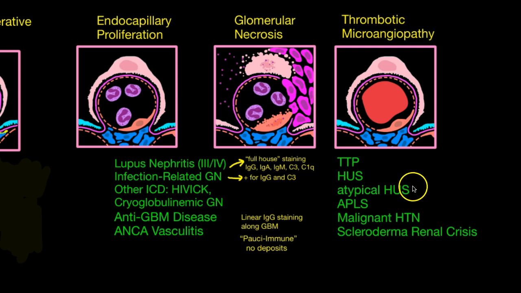There's also an atypical hemolytic uremic syndrome where it occurs sporadically or in response to some other insult, but it's actually because the patient has some problem regulating the alternative complement pathway. And then there's also antiphospholipid antibody syndrome. Remember, these patients have a tendency for thromboses, and they can also have a thrombotic microangiopathy. Also, malignant hypertension can do this, as well as scleroderma renal crisis, which occurs in patients with scleroderma.